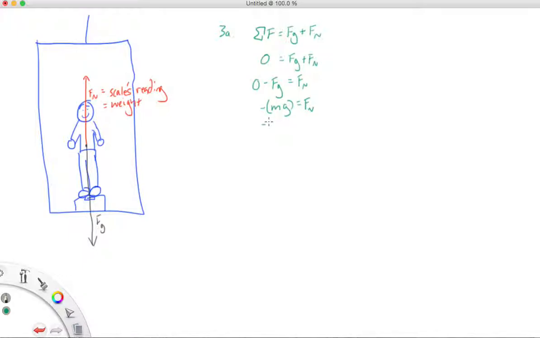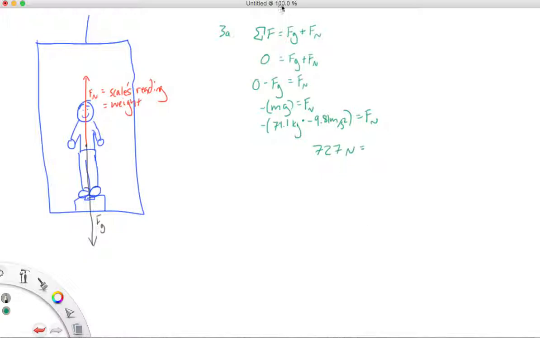So this is going to be Carlos's mass, which is 74.1 kilograms, times the acceleration due to gravity, which is negative 9.81 meters per second squared, and this will give you Fn. So if you multiply these things together, you'll get a positive number, which should make sense to you. His normal force should be positive. You'll get as a final answer 727 newtons.